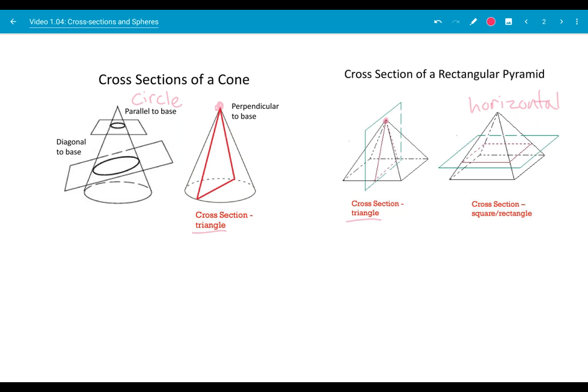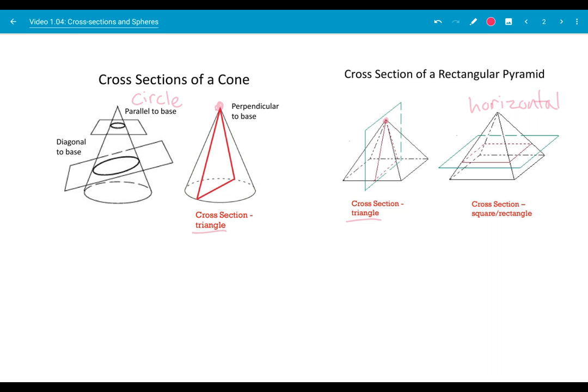But think about it, if you moved that vertical slice over a little bit, would you get a different image? Since a cone and a pyramid are very different shapes, you can imagine that they would probably have slightly different cross-sections. And that is true.